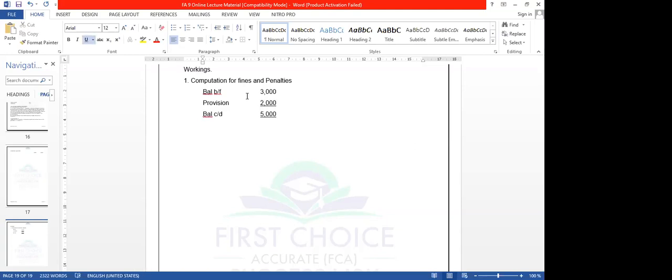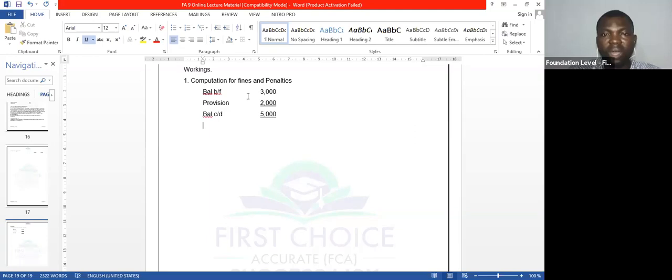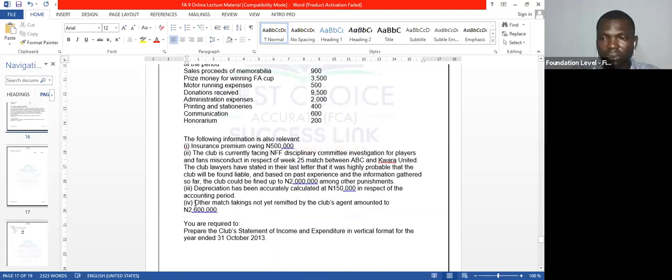So we look at the data. The definition is straightforward. Now the other match takings, not yet remitted.